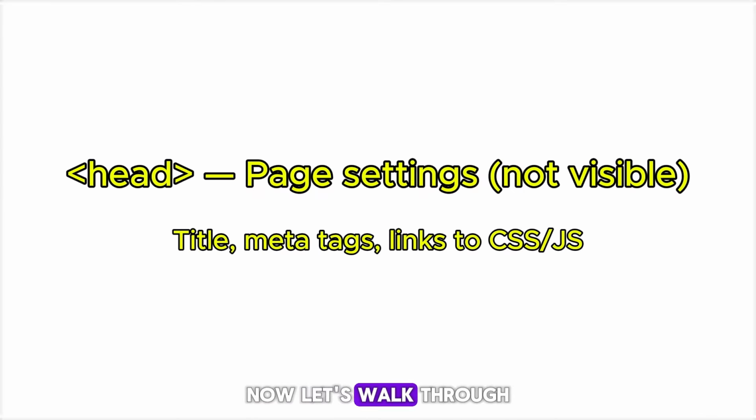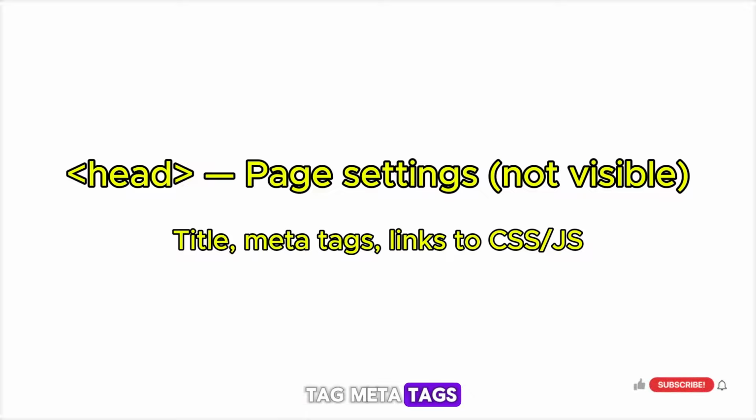Now let's walk through the HTML tags one by one, starting from the head tag to the footer. In the head tag is where we put some HTML tags like the page title tag, meta tags, CSS link files, and JavaScript link files. But all these tags are not always visible on the web browser.